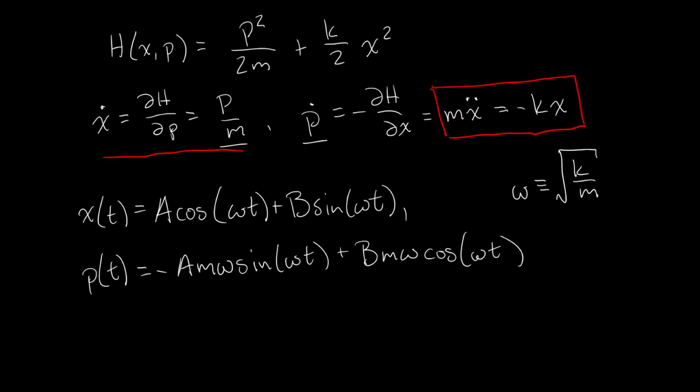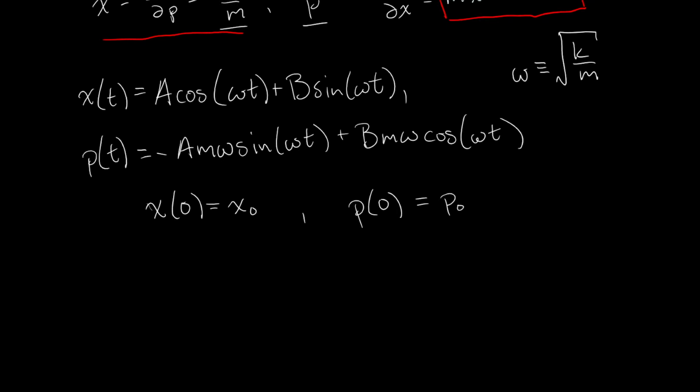So at this point, I have to specify initial conditions, right? Or boundary conditions, whichever we want. And we'll choose those to be at time t equals 0. Our position is just at x naught. And our momentum at t equals 0 we'll just call p naught. Plugging these in, we can solve for coefficients a and b.